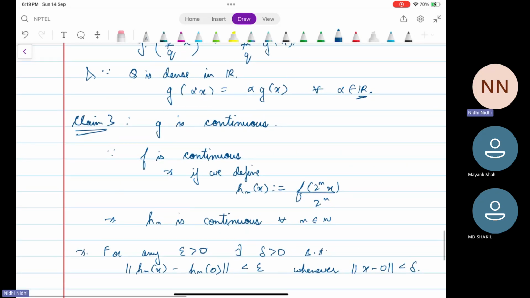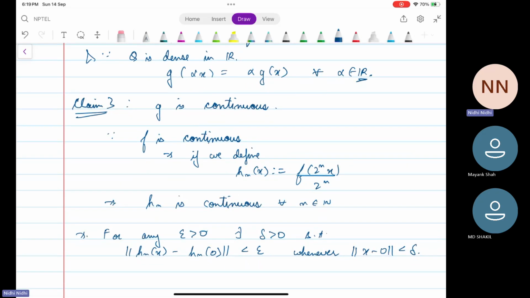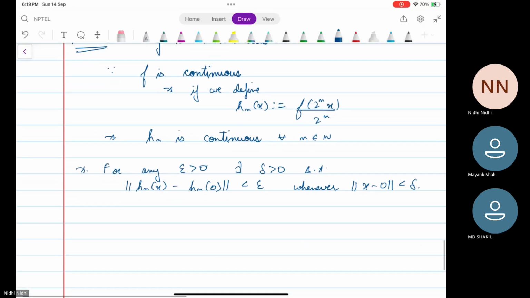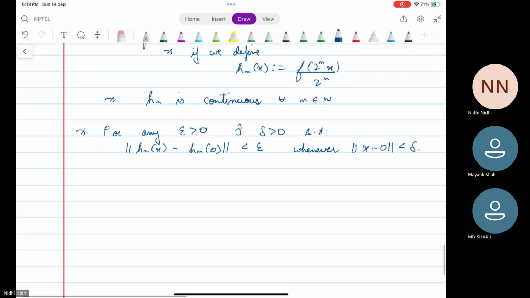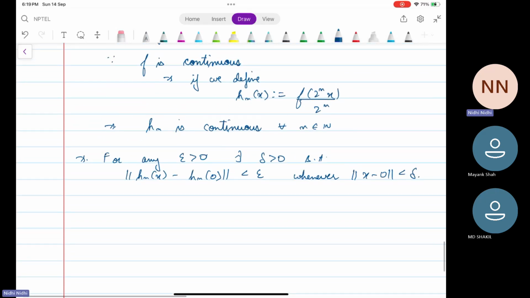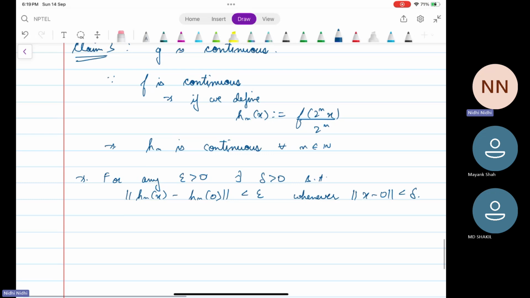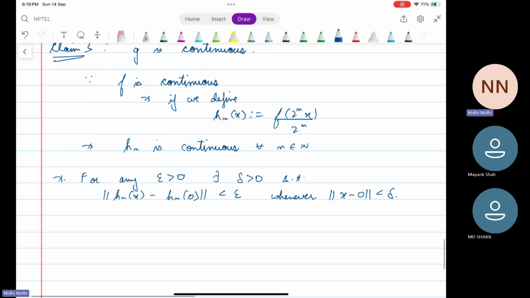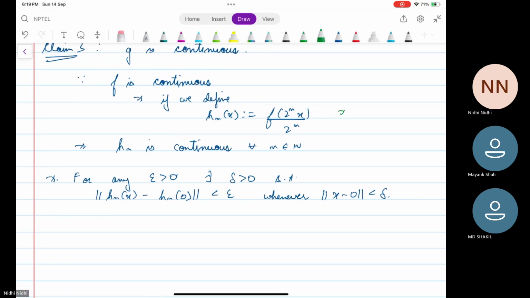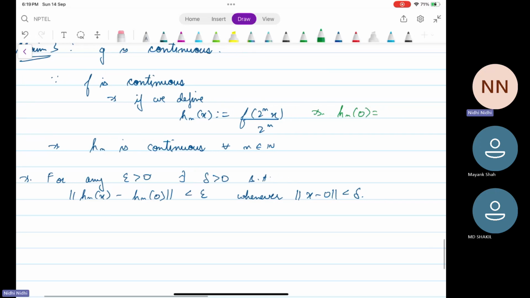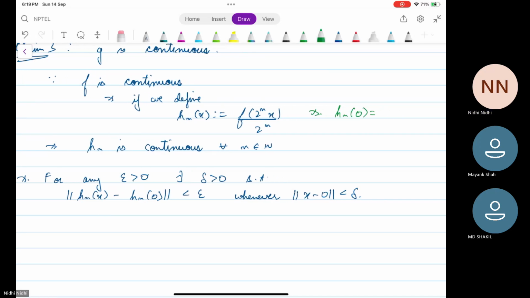So basically we'll show that this g is continuous at 0, and we know that if a linear function is continuous at 0, it is continuous everywhere. And h_n(0), we know that this is f(0) upon 2 to the power n.